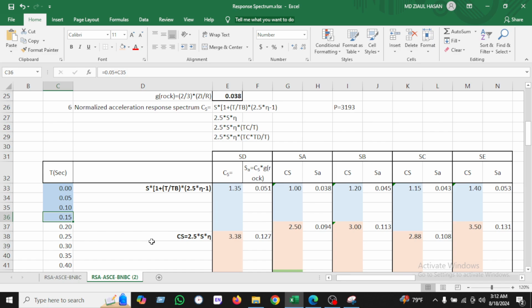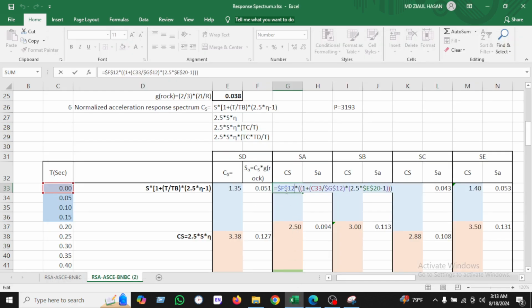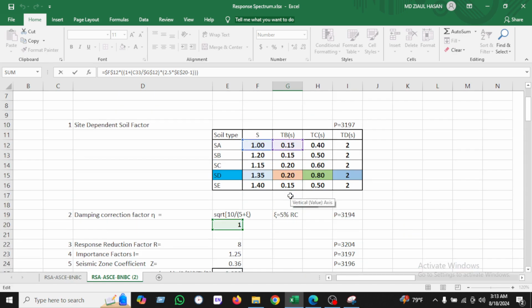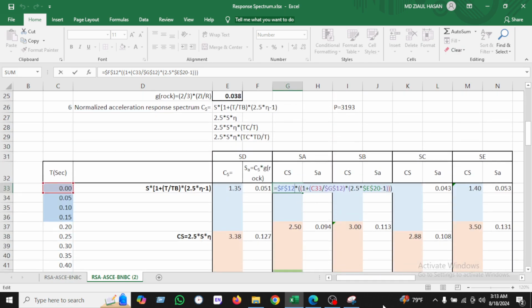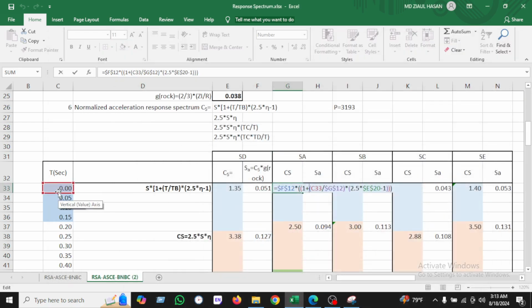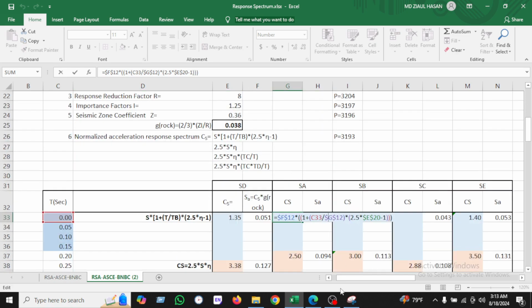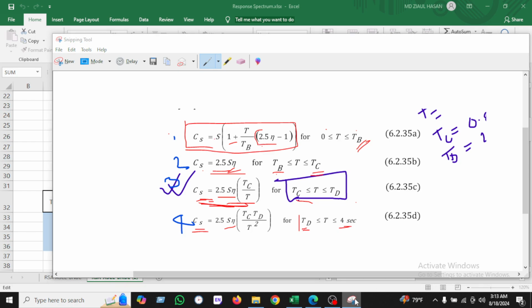I am applying this first formula here. S is cell number F12, multiplied by 1, and then 1 plus T divided by TB, where T is cell C33 and TB is cell number 12, multiplied by (2.5 times eta minus 1).